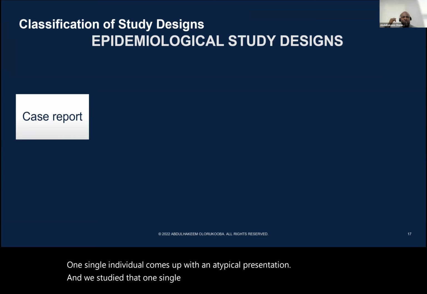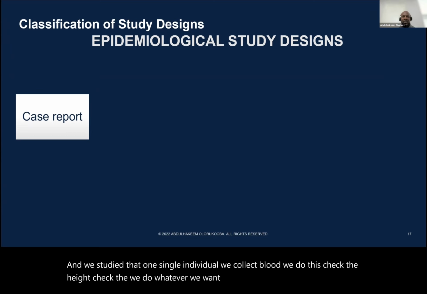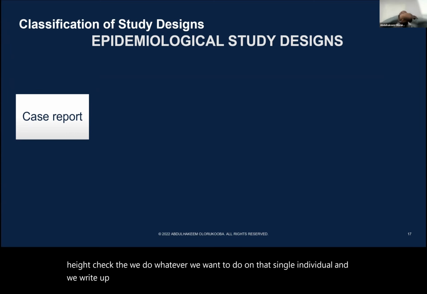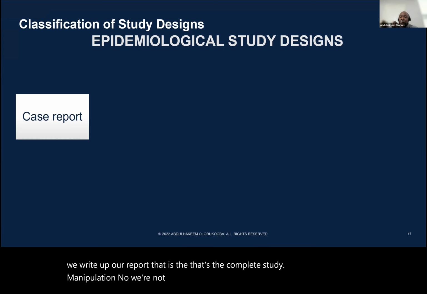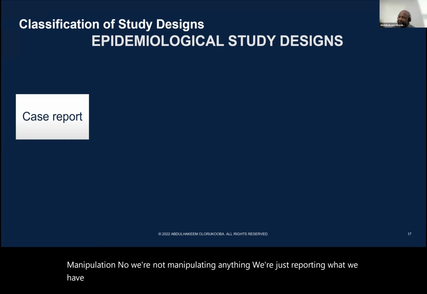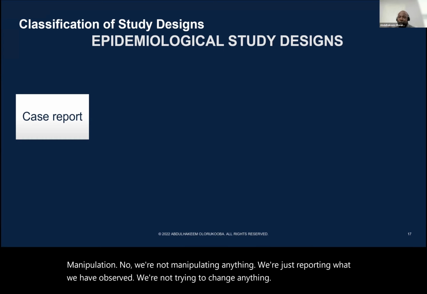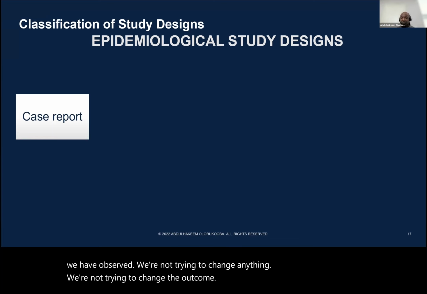We collect blood, check the height, check the weight, do whatever we want to do on that single individual, and we write up our report. That's the complete study. Manipulation, no. We're not manipulating anything. We're just reporting what we have observed. We're not trying to change anything. We're not trying to change the outcome in that study. Okay?